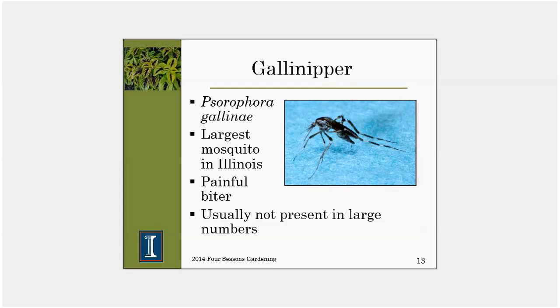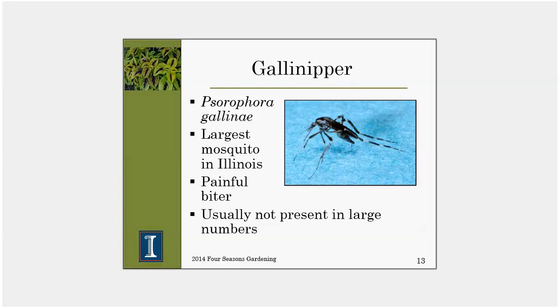Probably the largest mosquito that occurs in Illinois is the gallinipper. It's in the genus Psorophora, and it's a very large mosquito. Its body is about a half an inch long, or close to that, 3/8 to a half an inch. And so with its long legs and so on, you're looking at something that's a good 3/4 of an inch or so.